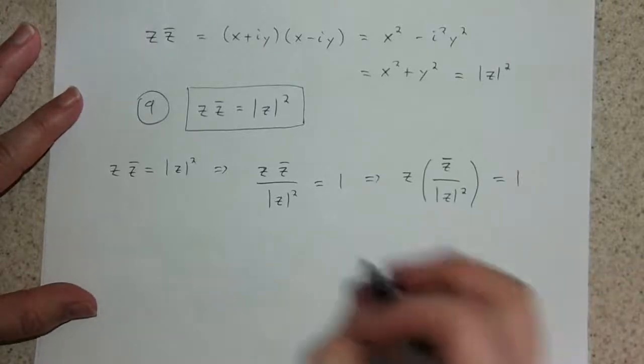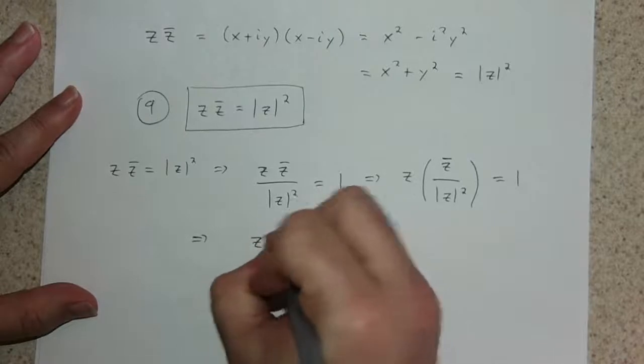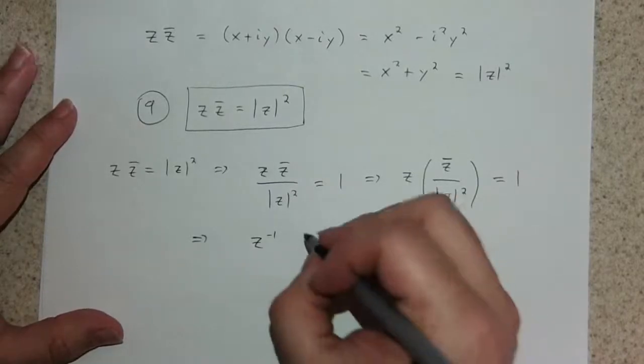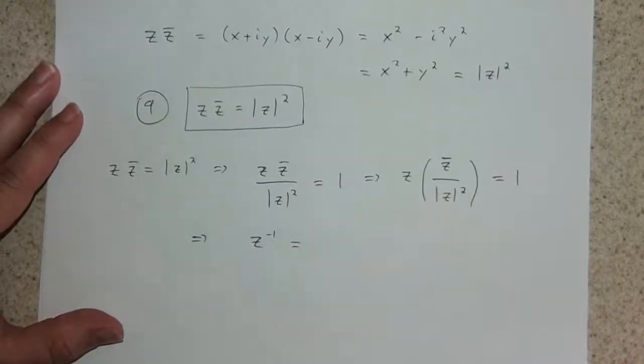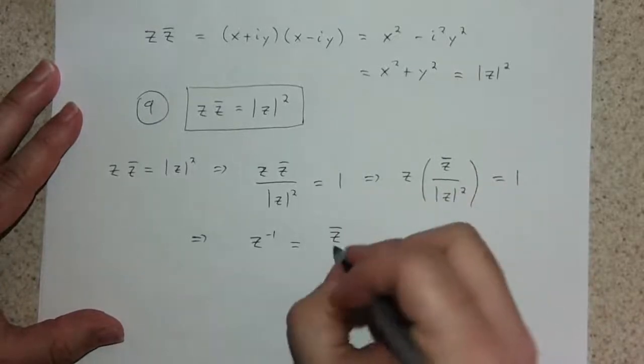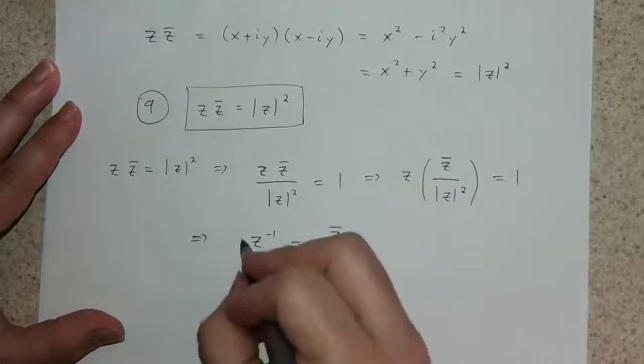What does that tell me? It tells me, since the multiplicative inverse is unique, that has to be it. So the multiplicative inverse of a complex number z can be thought of as the conjugate of z divided by the modulus of z squared.